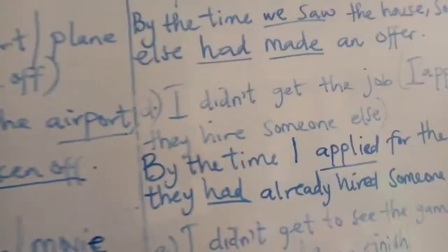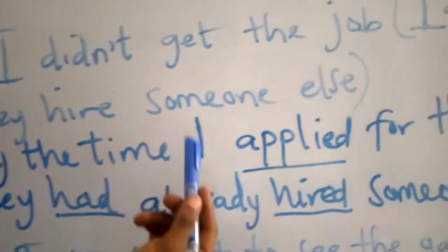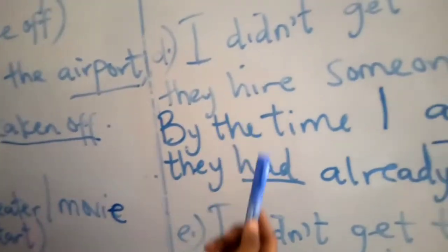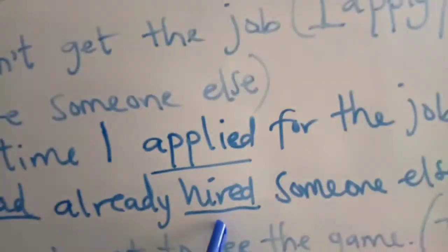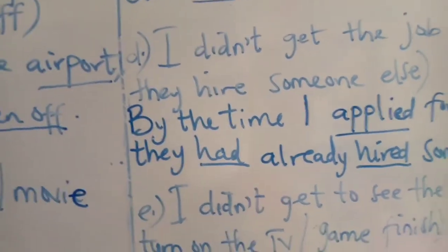Now let's take the sentence together. By the time I applied for the job, they had already hired someone else. Can you see that? All right, let's go to the last letter, letter E.